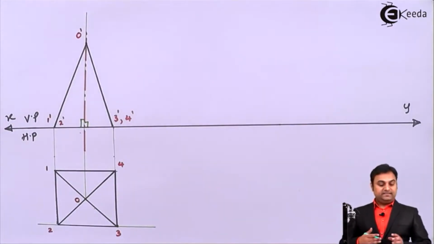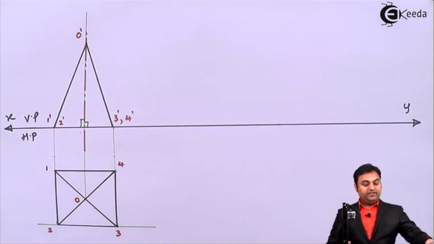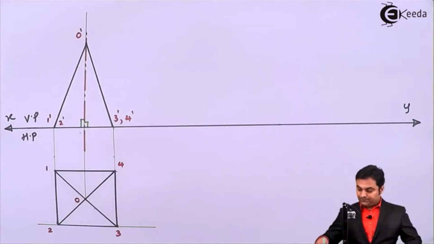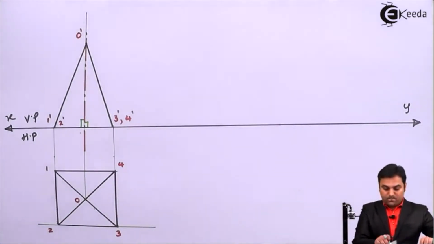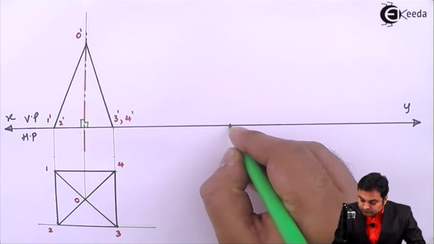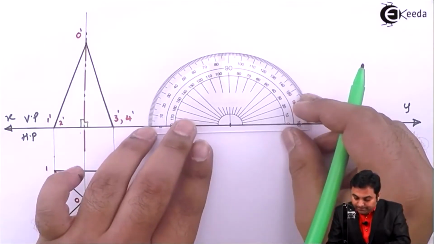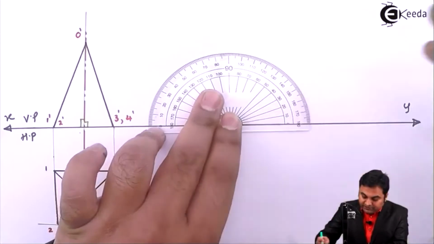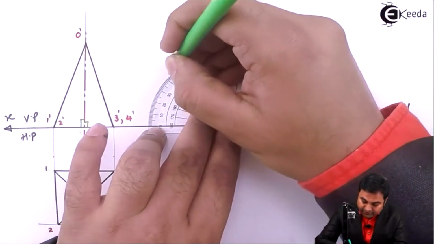So when the axis is inclined at 45 degree, in that case the base will also be inclined at 45 degree. So here I'll draw an angle at 45 degree, means I'll be tilting the pyramid onto the right hand side.